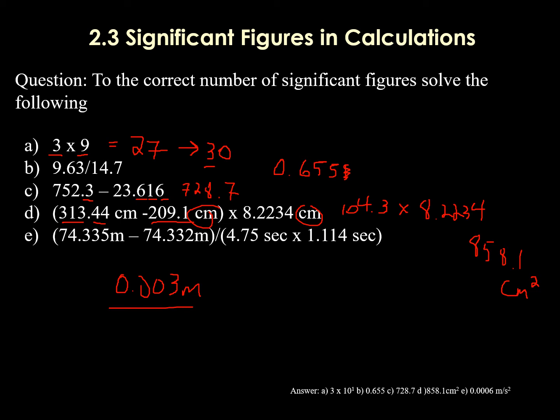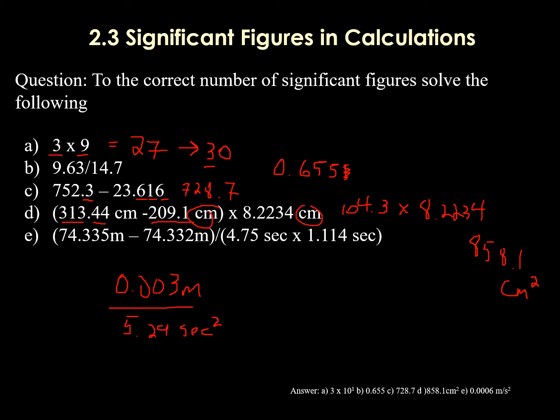So when I multiply 4.75 times 1.114, I get 5.29 second squared. And now when I divide the top number by the bottom number, I should get 1 significant figure because the top number, the numerator, 0.003 is 1 significant figure.